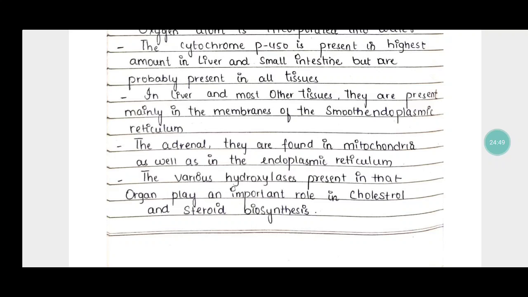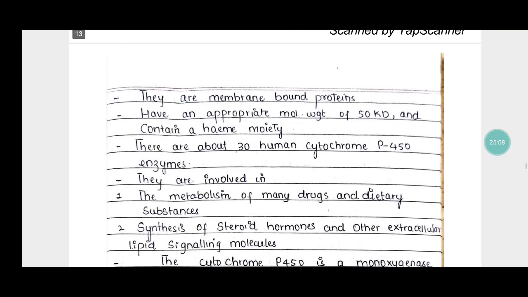In the adrenal gland, they are found in mitochondria as well as in the endoplasmic reticulum. The various hydroxylases present in that organ play an important role in cholesterol and steroid biosynthesis.